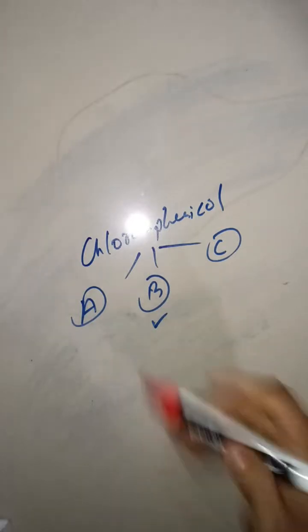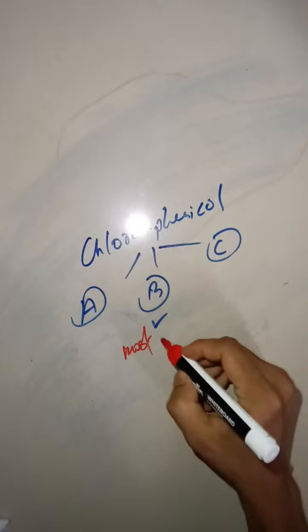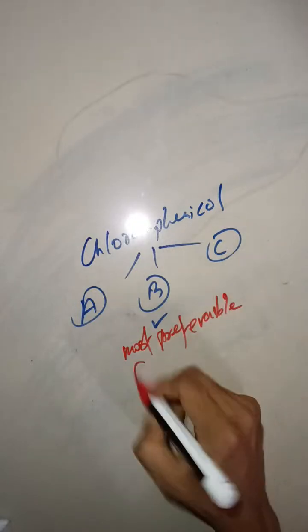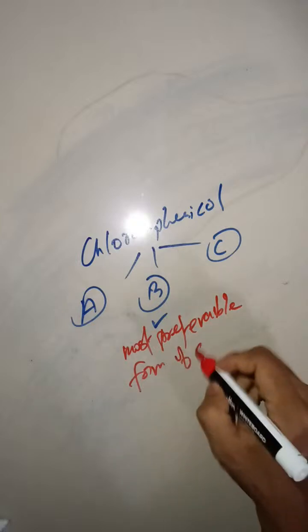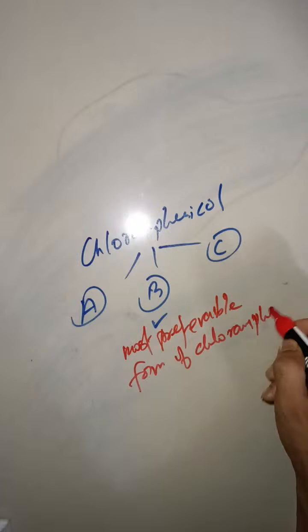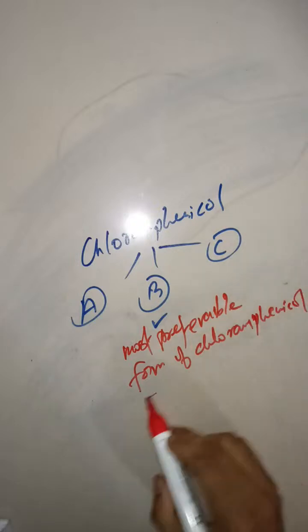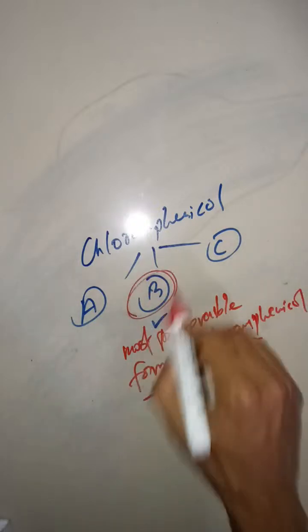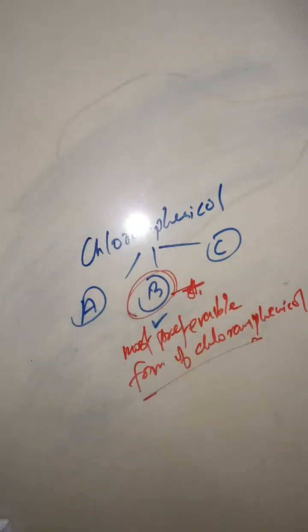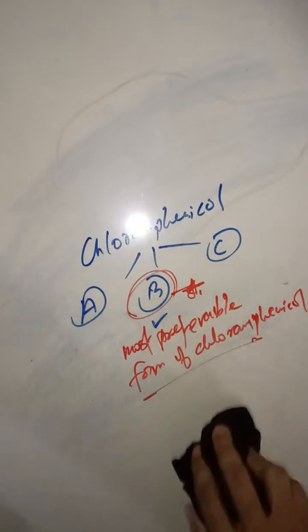So B is the most preferable form of chloramphenicol. Okay. Can you please tell me what is the side effect of chloramphenicol?